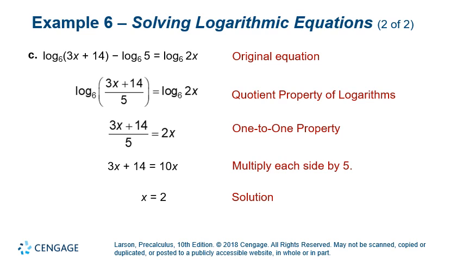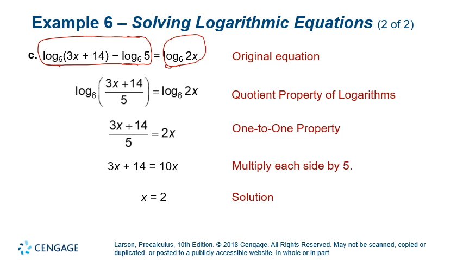Here's one that is much more complicated, but it's really not that hard. If you notice, everything has a log base 6. That's a good thing. If you notice also, the right-hand side only has one term, but the left-hand side is one log base 6 subtracting another log base 6 term.